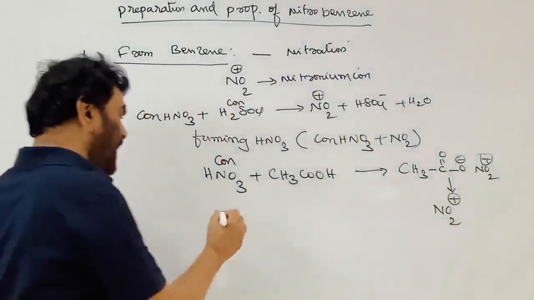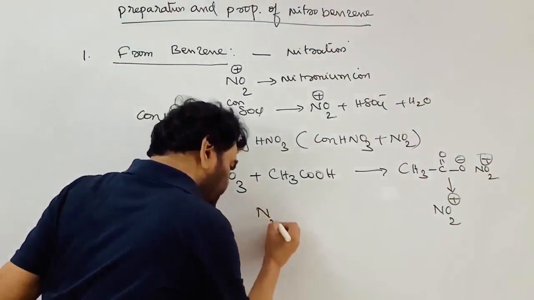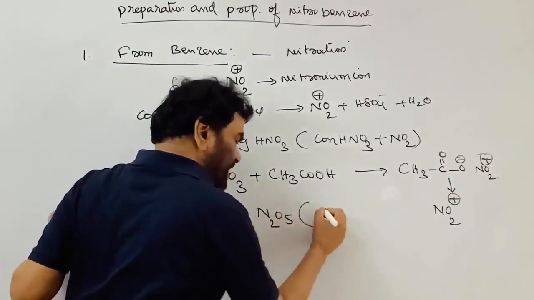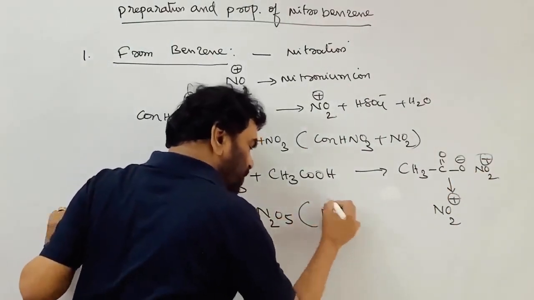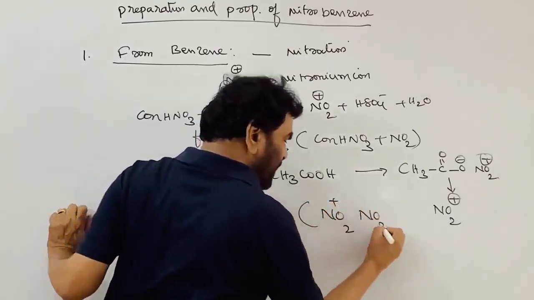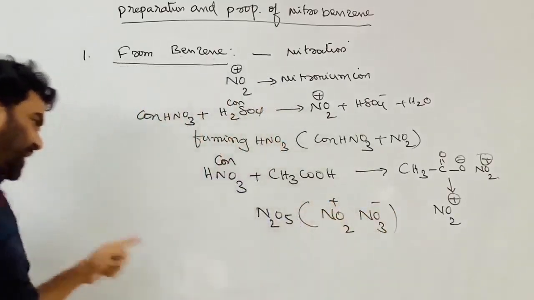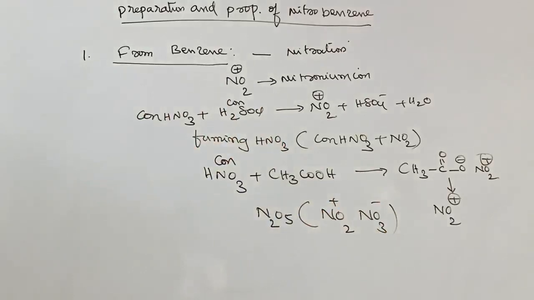Another source is N2O5, nitrogen pentoxide, which is a salt-like mixture of NO2+ and NO3-, that is nitronium nitrate.